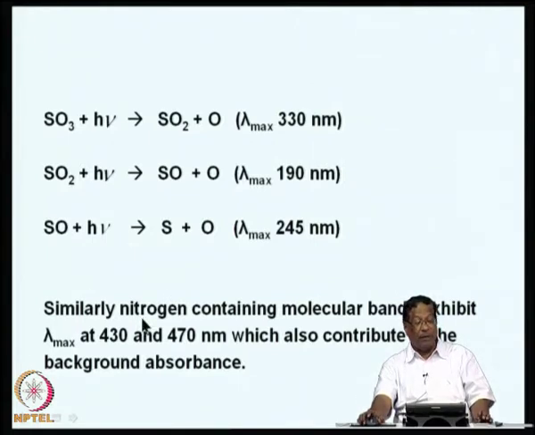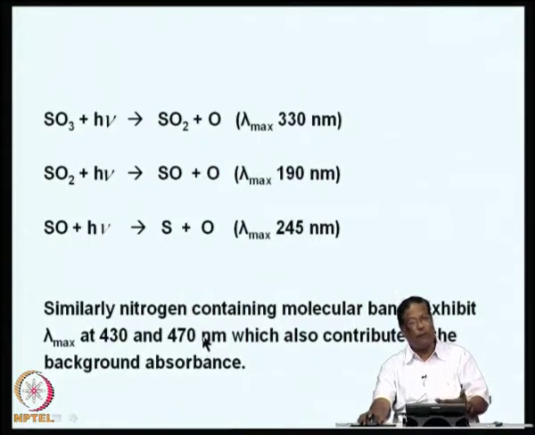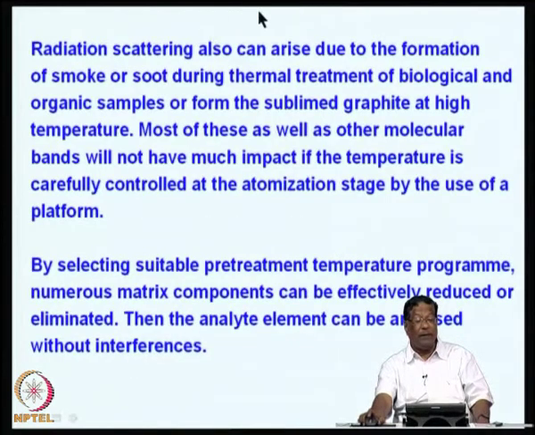Similarly, if you take a look at cyanogen bands, these molecular bands exhibit lambda max at 430 and 470 nanometers. These things also contribute to the background absorption. Usually, radiation scattering can also arise due to the formation of smoke or soot.